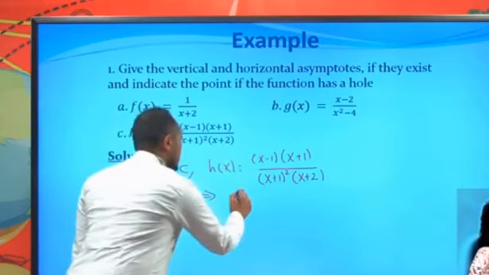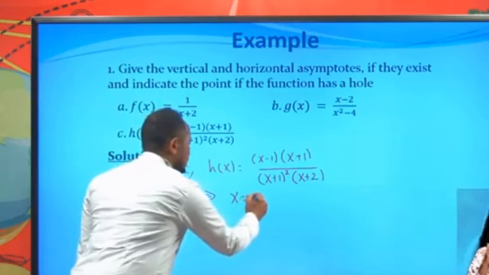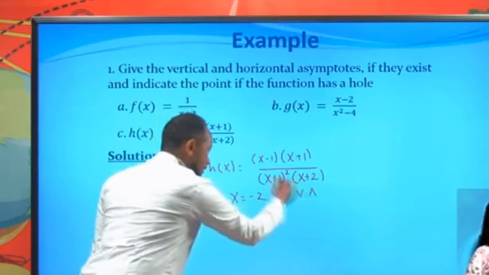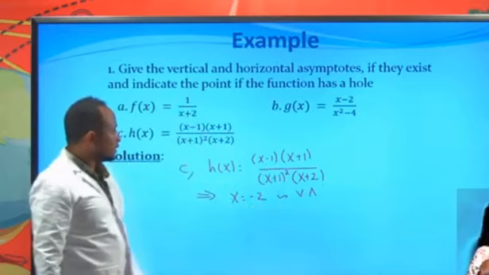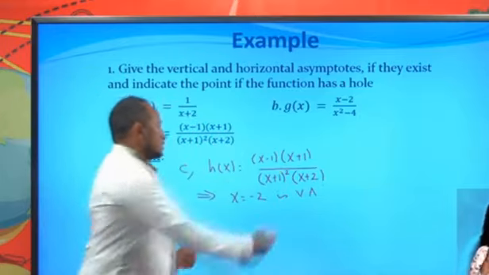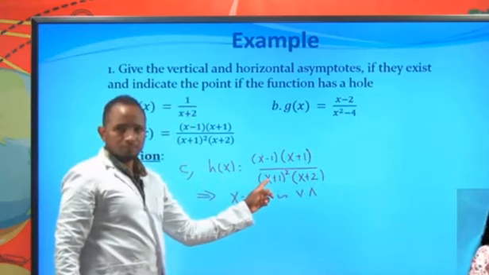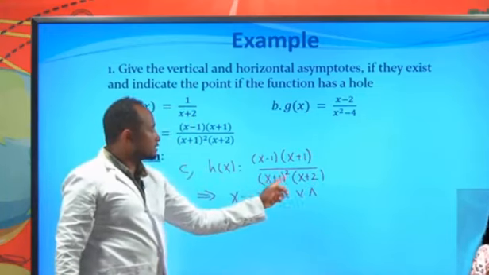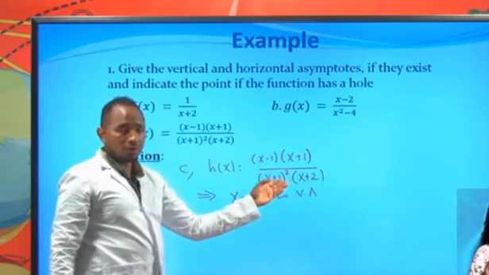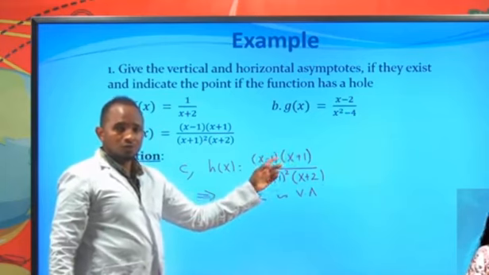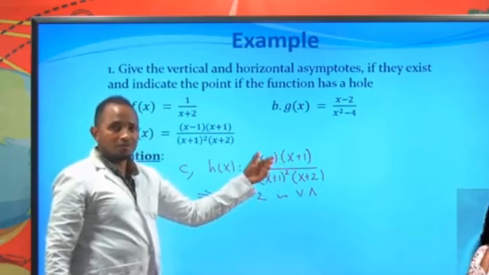By the way, if the degree is the same, for example, if you have f of x is equal to 2x minus 1 over x plus 1, they have the same degree. The vertical asymptote of this expression will be x equals negative 1, because this makes only the denominator 0.